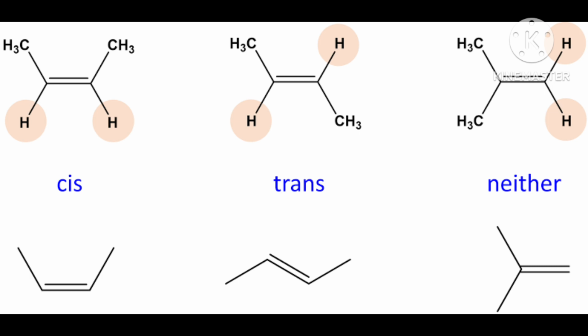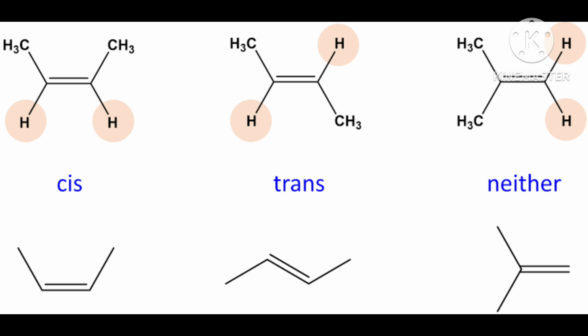Now come to the second structure that you have written. That is the trans one, so you write trans, again with 1 and 2: trans-1,2-dichloroethene. Same name otherwise, because now Cl is in the trans position.